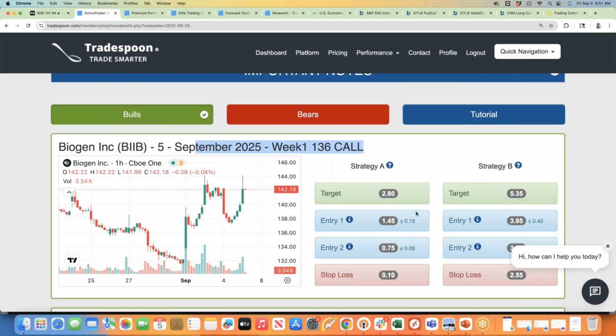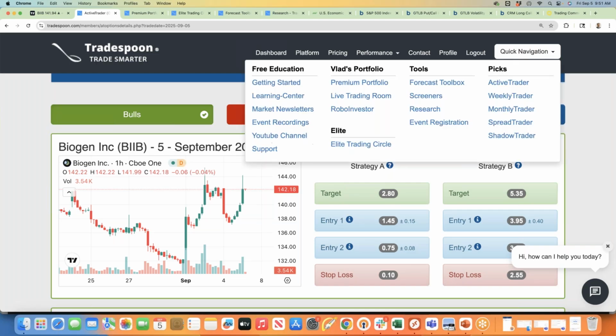So 136 call, 395, that's 136.95. And then a 1% move in the underlying stock for options, obviously it's leverage, but it's still $1.36, right? For a 1% move to the upside or to the downside using options data. So those are the signals. Same thing with weekly trader, monthly trader.